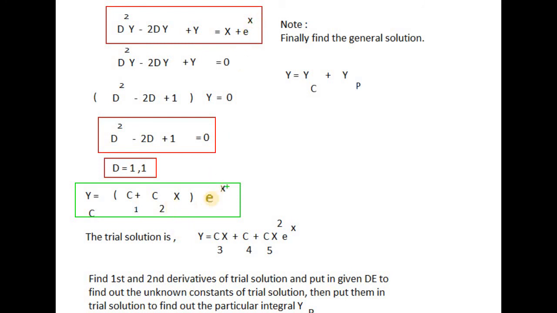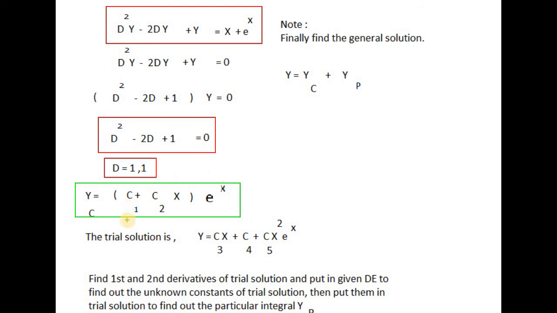Looking at the complementary function, e power x is already multiplied by x, so we will not use x e power x here, but we will take x square into e power x. Here we have to take x square e power x. We cannot simply take c5 e power x, because we have c1 e power x.